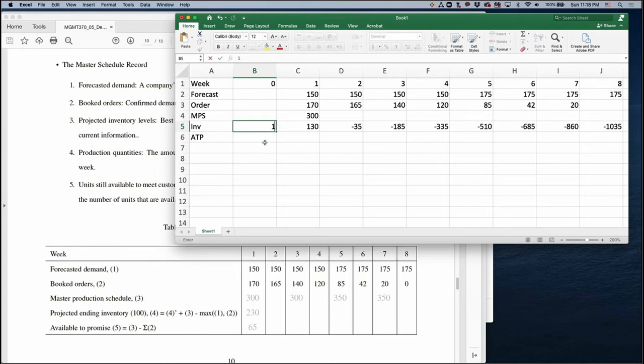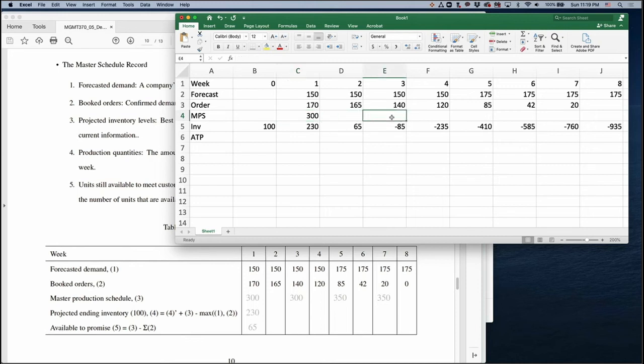So you have to look at this. If you produce in period 1, you intend to cover 2 weeks. Then probably you can produce 300 in week 1 and week 3.